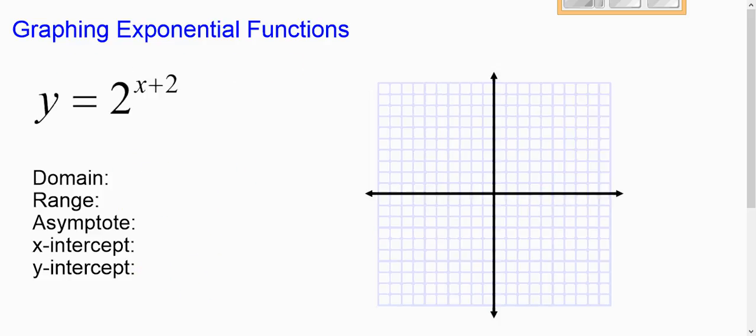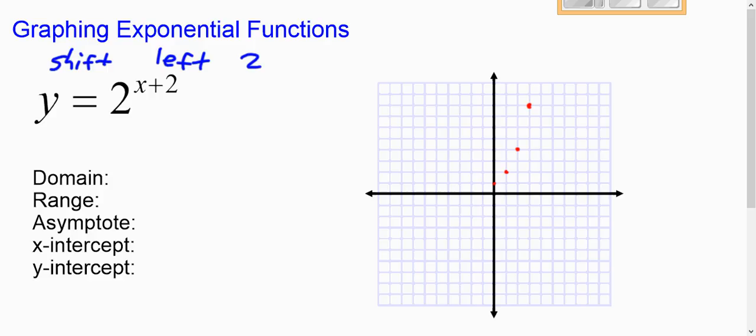All right, so this is the same parent function, 2 to the x, but now that plus 2 is going to shift it 2 units to the left. So those normal dots were at 1, 2, 4, and 8.